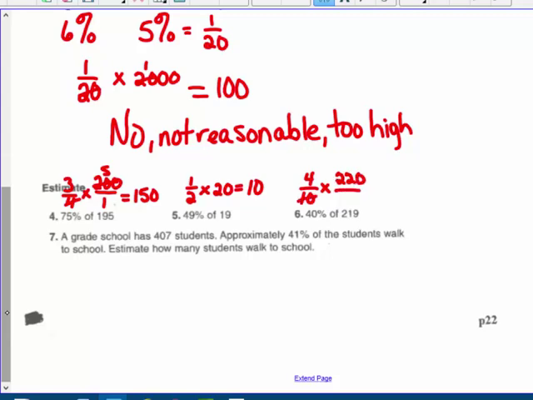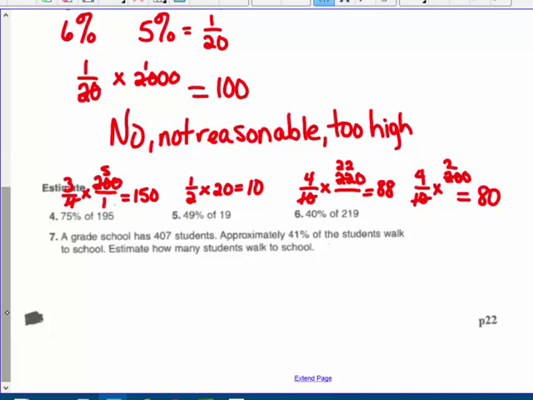That would go in there 22 times, which gives me 88. Or if I went 4/10 of 200, to the nearest hundred, 219 would be 200, and that would go in there 20 times, so 4 times 20 would be 80. So between 80 and 88 would be a good estimate for number 6.